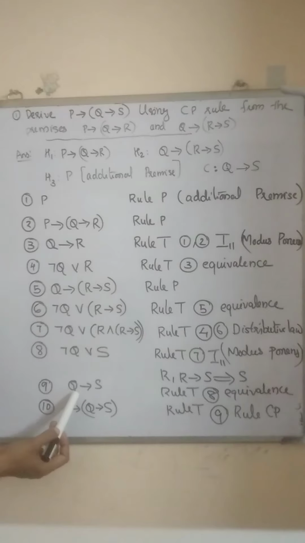And the next one is Q conditional S by equivalence rule. And here it is P conditional Q conditional S by rule CP method. Using the hypothesis, we arrive at the conclusion P conditional Q conditional S.